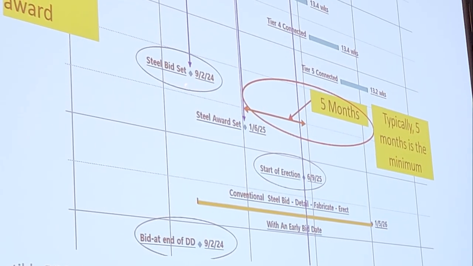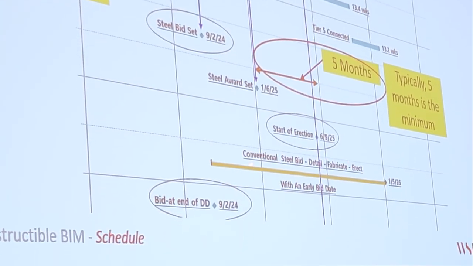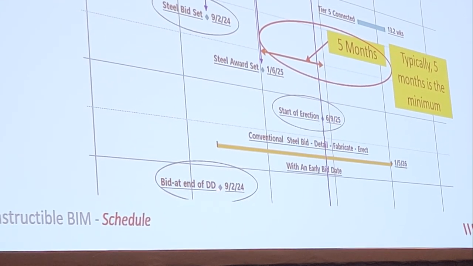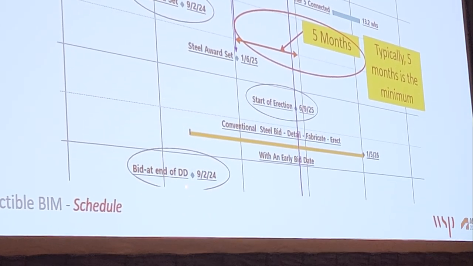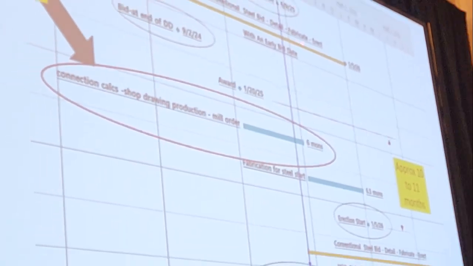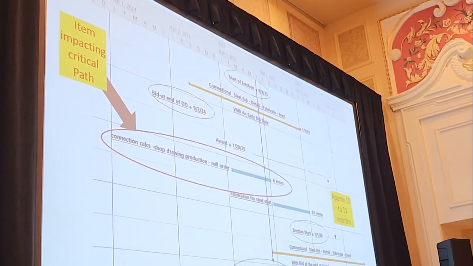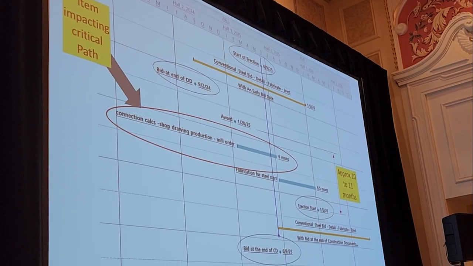Now, take another scenario. This is the second scenario. If we start the bid at the same time, whatever that date is, let's see what happens on the next page. Second scenario, conventional steel bid. Now, this is conventional, meaning we're doing it the old-fashioned way.